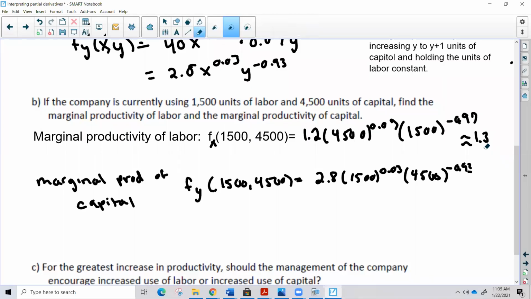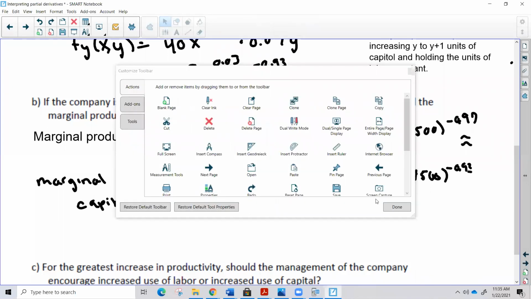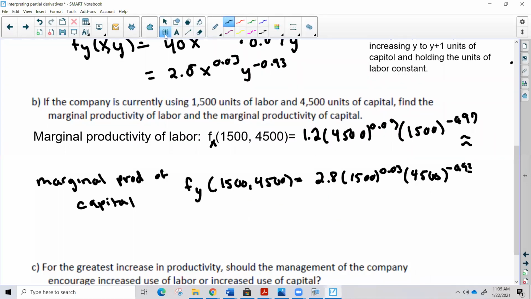Right, just to fix, I'm going to do that one, but this one should be instead. I'm going to do at least 3 decimal places, probably 4, because it's a really small number. .0018 is what it comes out to.